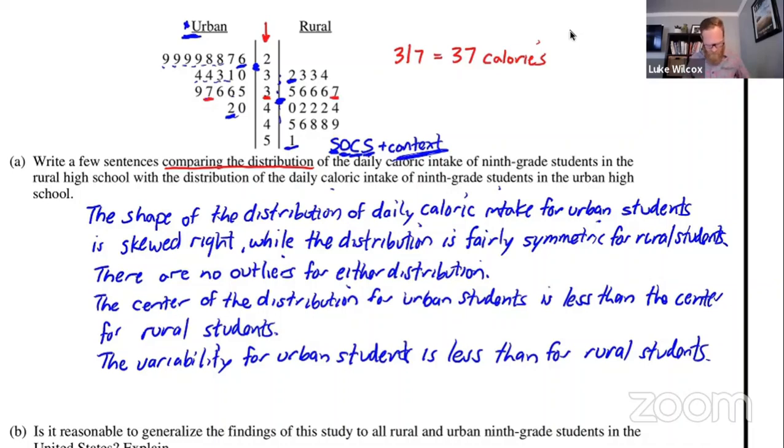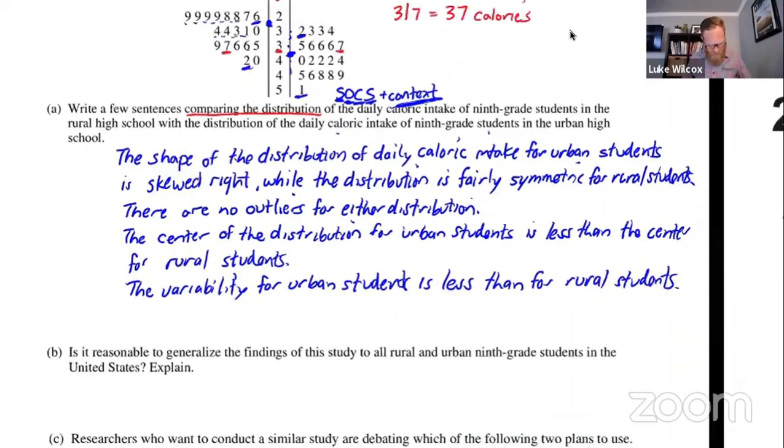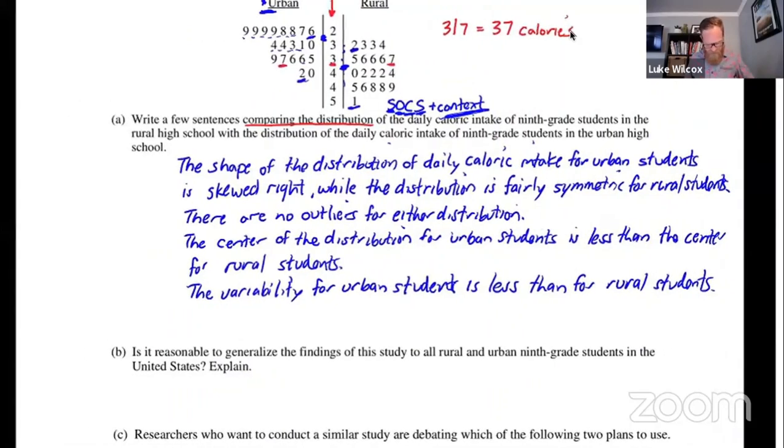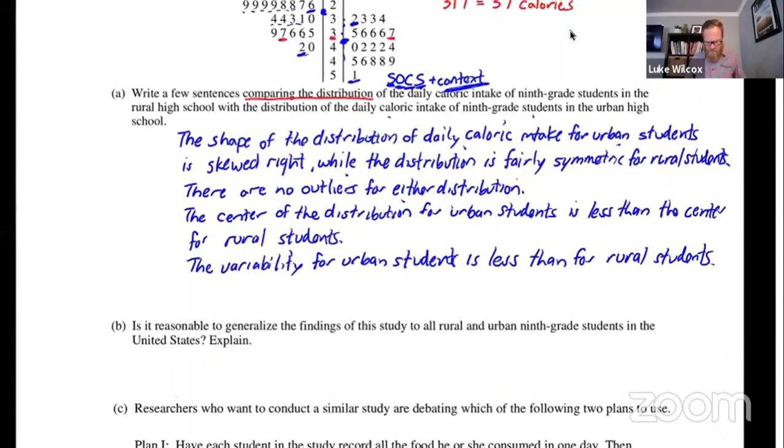All right, let's move to part B, which says, is it reasonable to generalize the findings of this study to all rural and urban ninth grade students in the United States? And I think this is the word that's important here. Can we generalize to a larger population? Well, it depends how we took our random sample here.